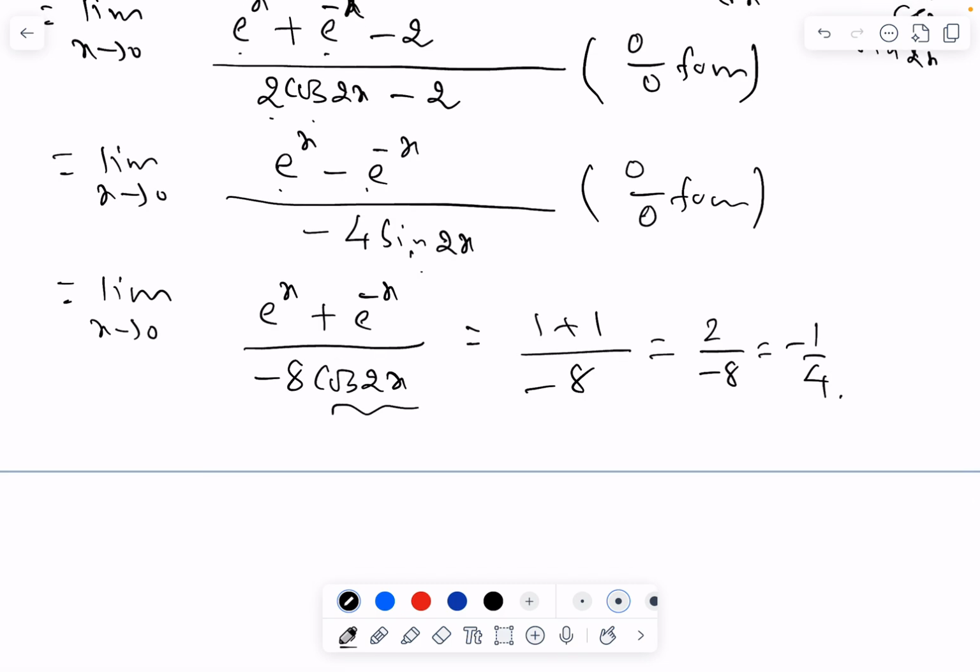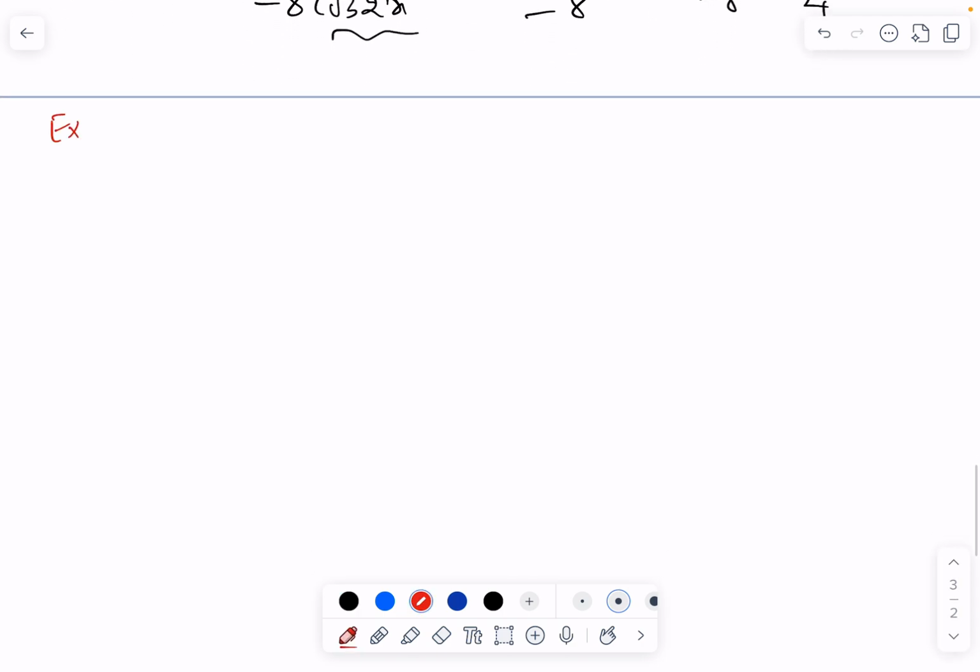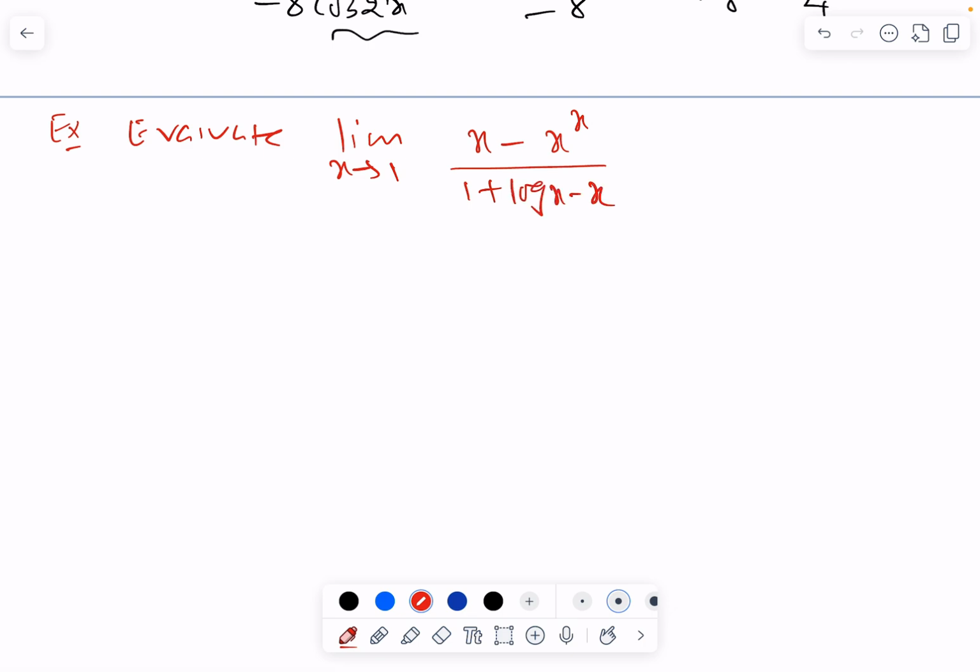Okay. Let us take one more example. Evaluate the limit as x tends to 1 of (x minus x^x) over (1 plus log x minus x).